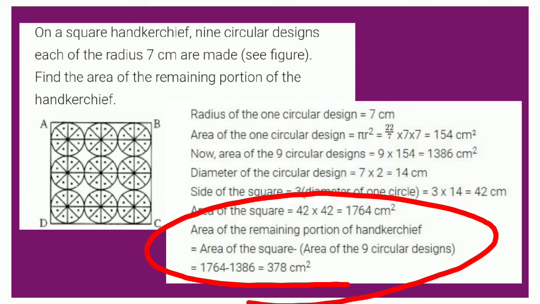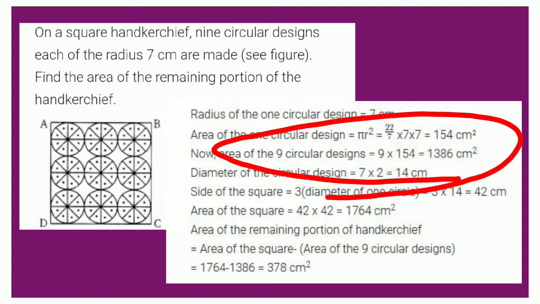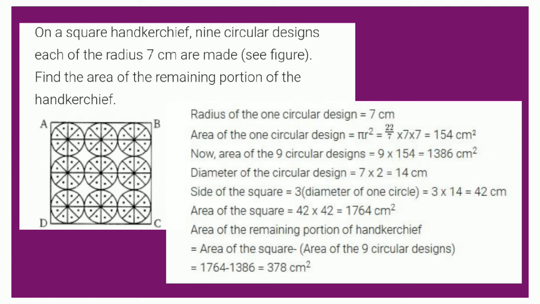Okay, so how to find the area of the remaining portion? That's equal to area of the square minus area of the 9 circular designs. The question is given that radius of the one circular design is 7 cm. So area of the one circle is equal to pi r square. And here pi is equal to 22 by 7 and radius is 7. So 22 by 7 into 7 into 7. 7 cancel.